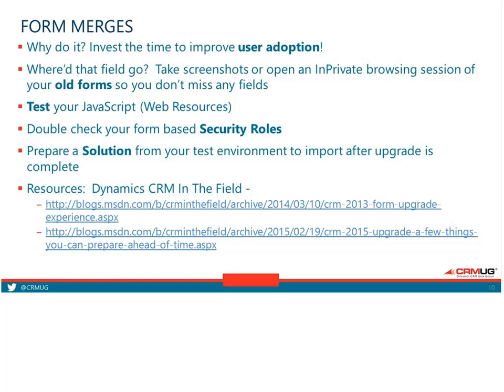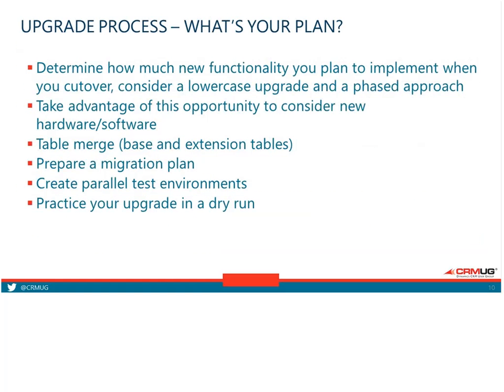And lastly, these are just some considerations on the upgrade process and what's your plan. So if you can imagine, for a 22 user implementation, and a lot of you may not be that big, but for us, we were growing rapidly and we had to consider the best way to implement CRM to get to 2015. We took on a phrase, we don't know where we heard it, but it seemed to stick for us, and we considered our upgrade a lowercase upgrade.